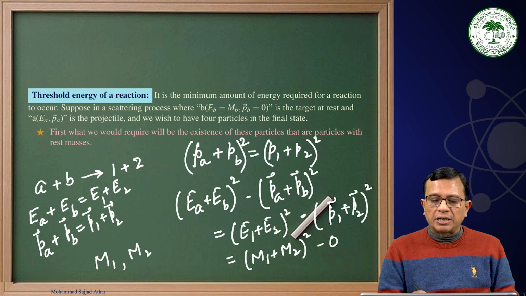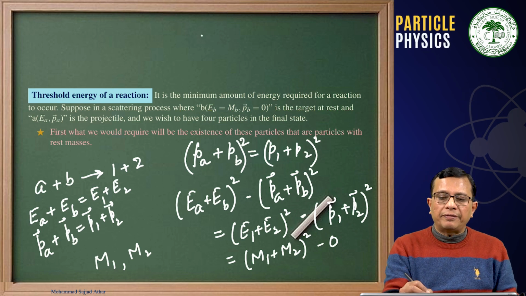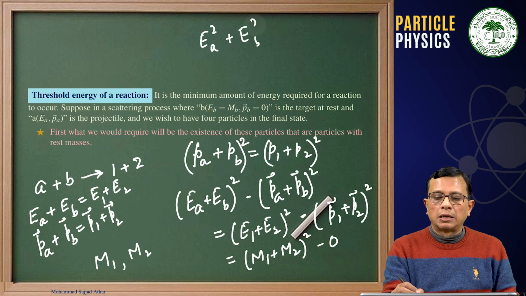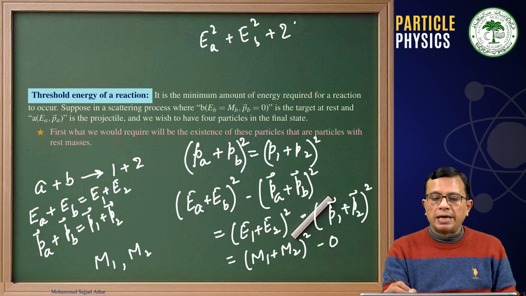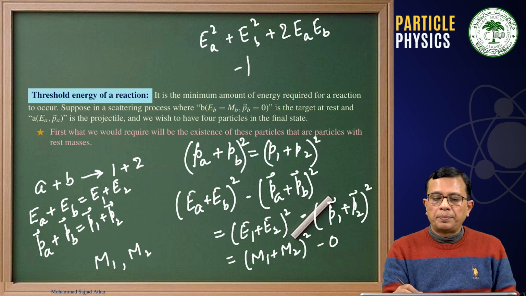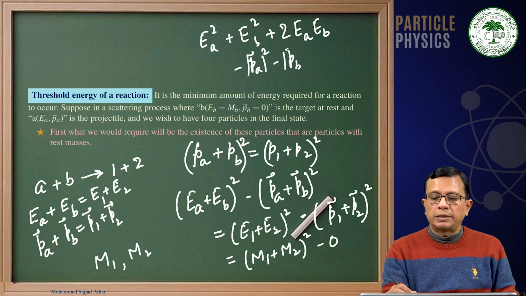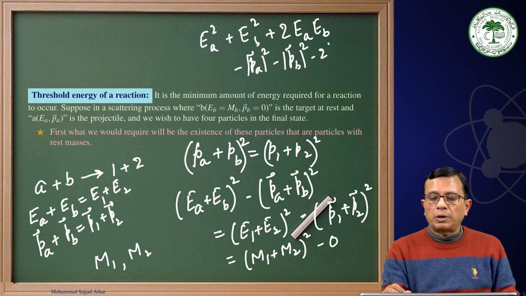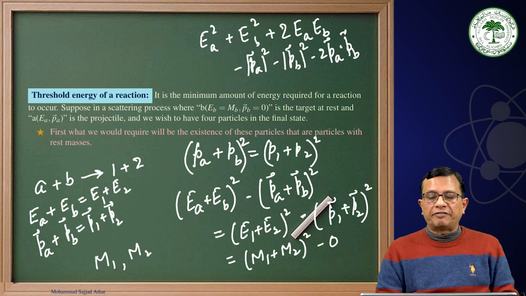While on the left hand side, if you notice, we have EA square plus EB square plus twice EA EB minus PA square minus PB square minus twice PA dot PB. This is the left hand side.